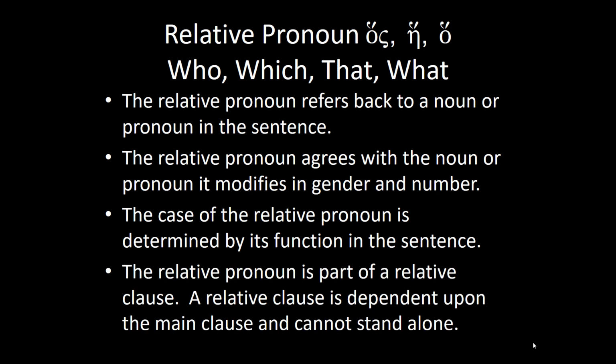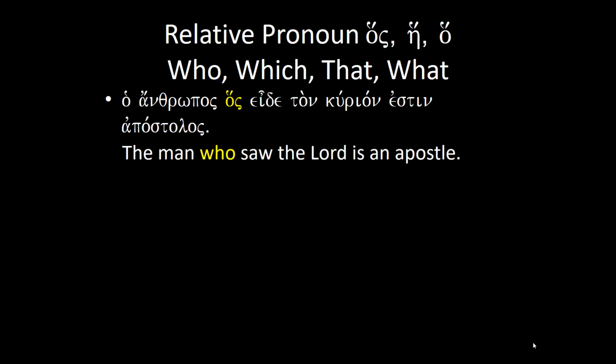Now when you have a relative pronoun, it would be part of a relative clause. A relative clause is a dependent clause. In other words, it's a clause that cannot stand on its own. It's dependent on the main clause. So here we go. Ho anthrōpos hos eiden ton kyrion estin apostolos. The relative pronoun hos is referring back to ho anthrōpos.